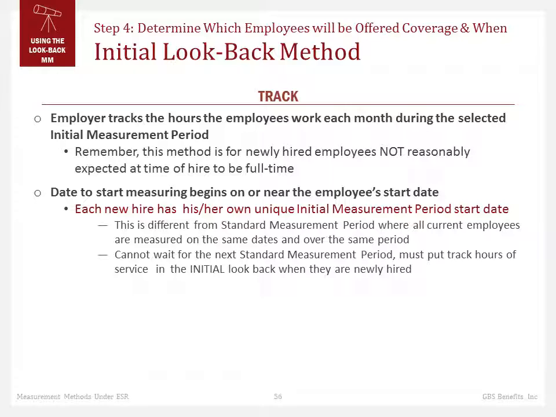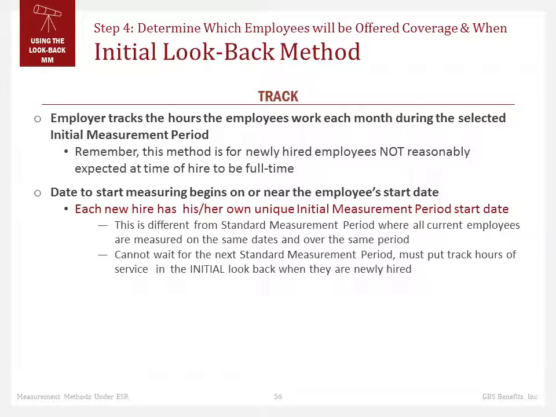But it is a little bit different from standard in that the date to start your measuring under the initial look-back is the date they start working. In other words, each new hire has his or her own unique initial measurement period start date.